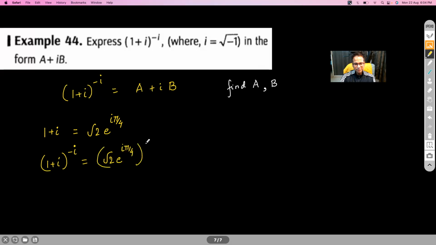Break it up like this. Mind you, you'll end up getting minus i square here. What is i square? i square is minus 1 again. So minus minus will become plus. Now, is this hint good enough, or do you want me to go further in solving the problem?